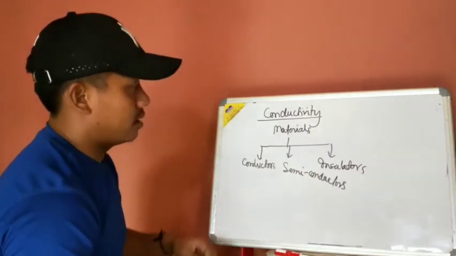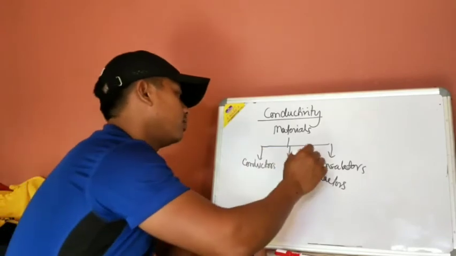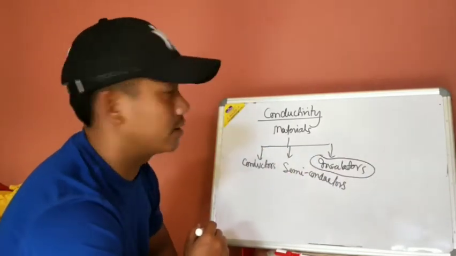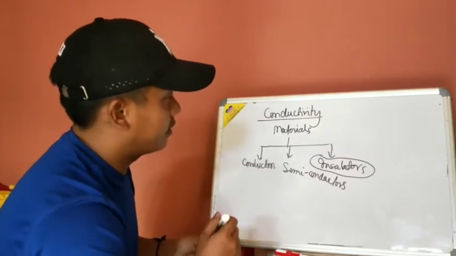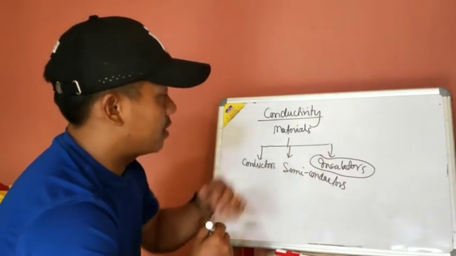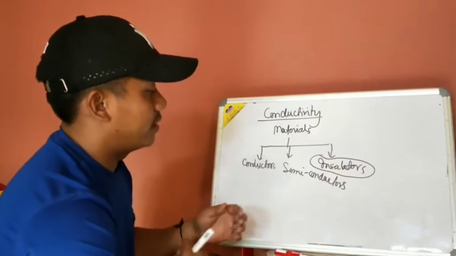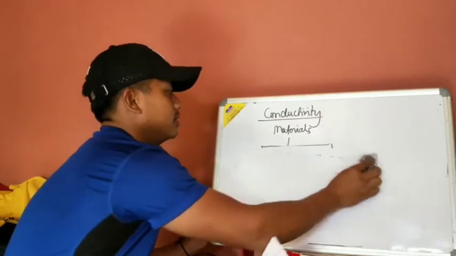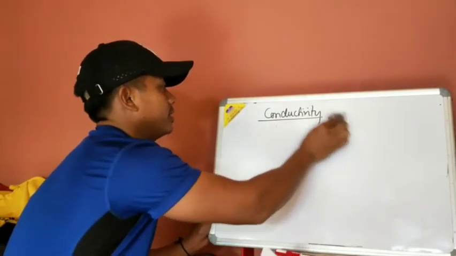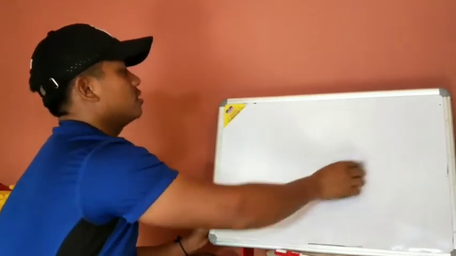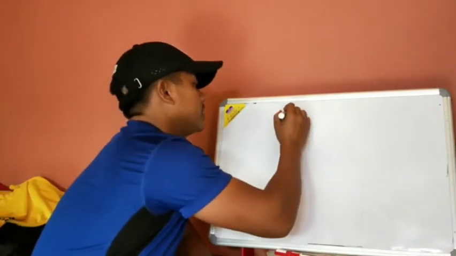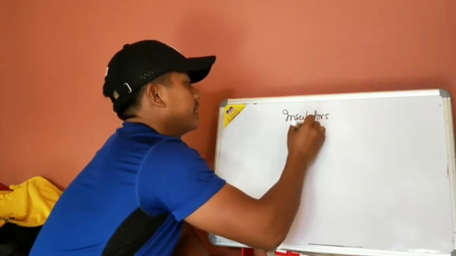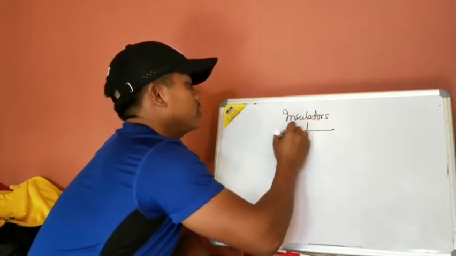What we are going to focus on for the time being is insulators. Conductors are very common, and insulators are also very common. Why am I focusing on insulators? Because insulators can again be classified according to their behavior.